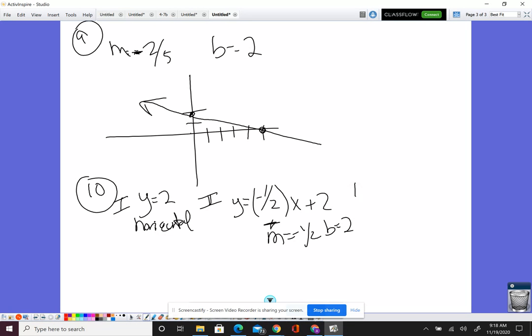The next equation has a slope of 2 and a y-intercept of negative 1. And then the fourth line has a slope of negative 2 and a y-intercept of 2.